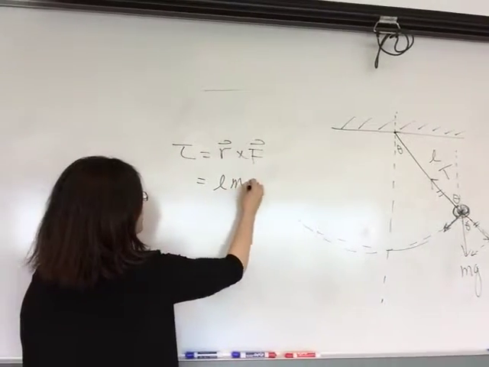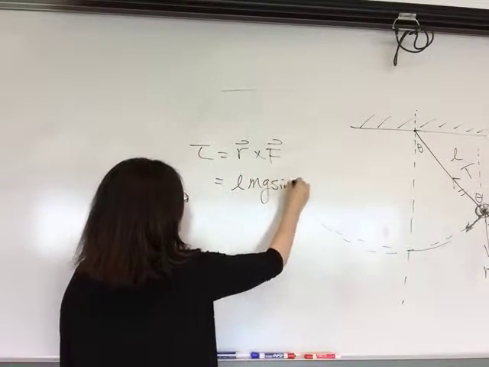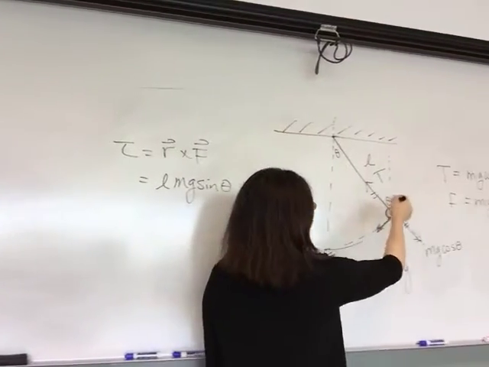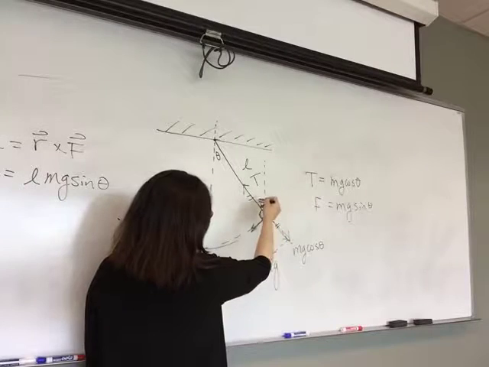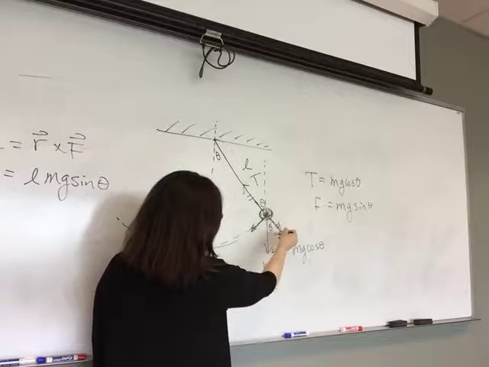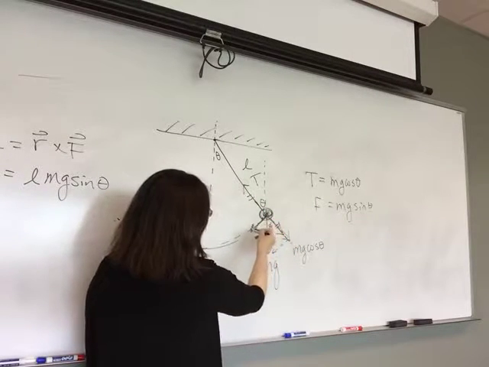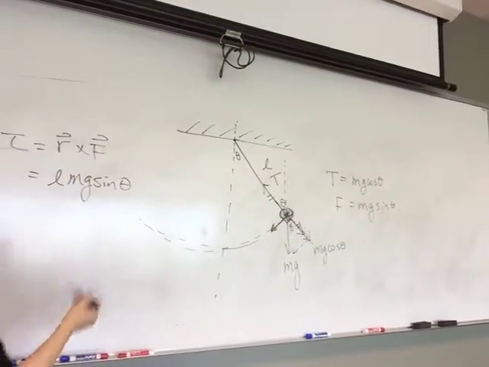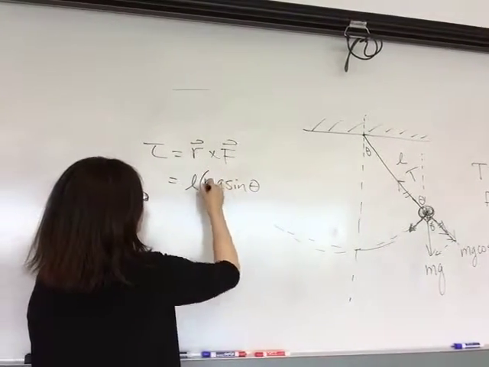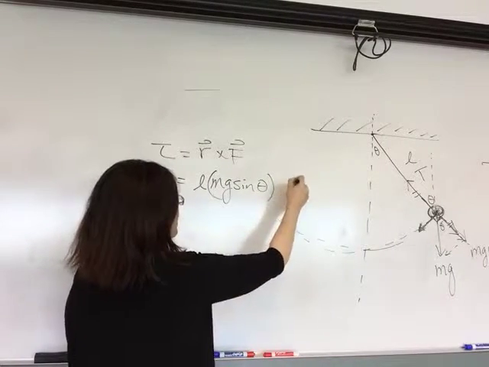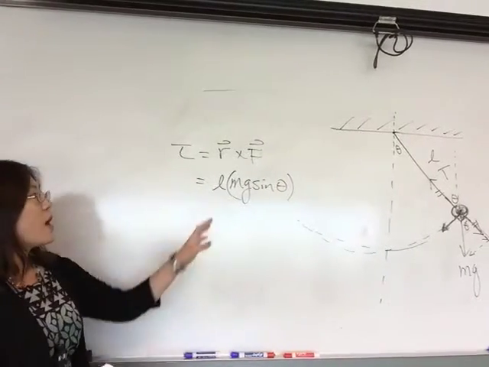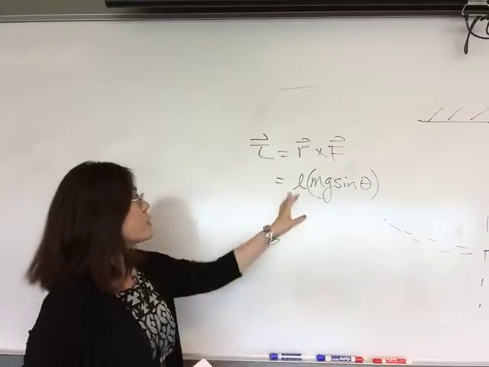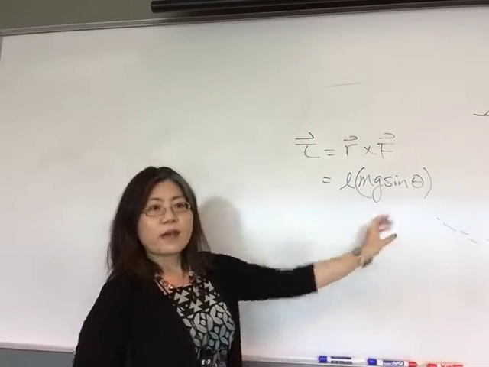The angle between the radius and the force direction is 90 degrees, so sine of 90 is just 1. So the magnitude of torque is L mg sine theta.